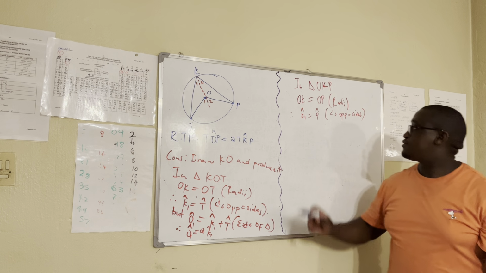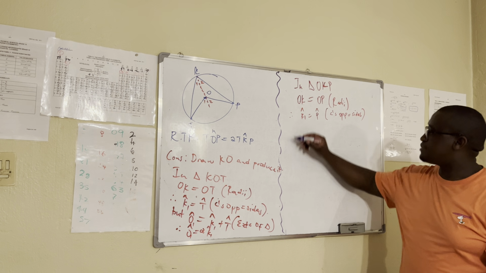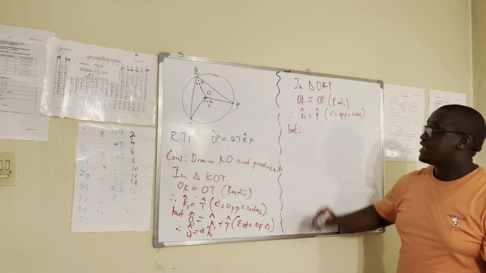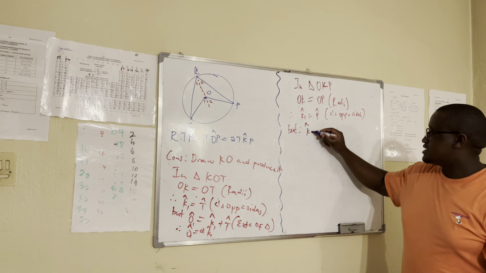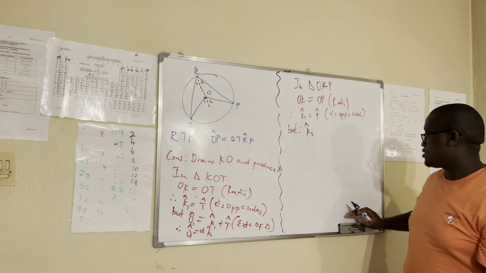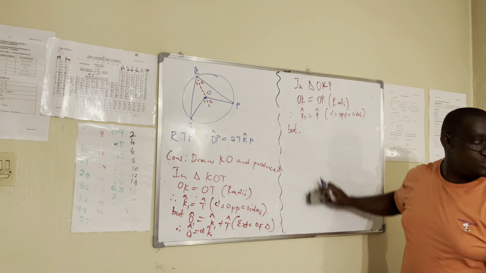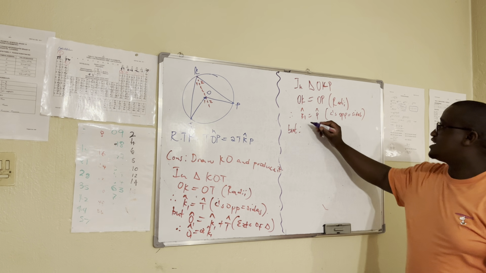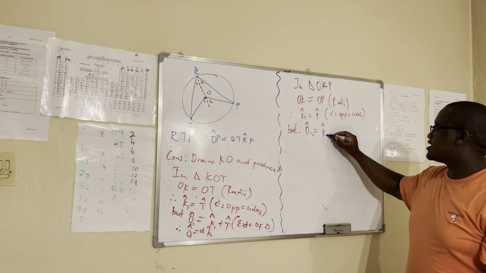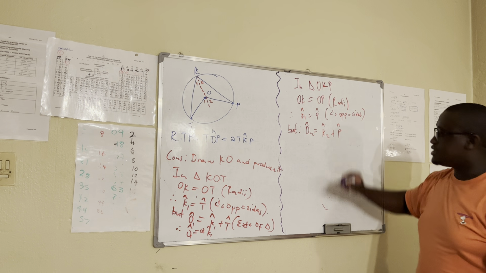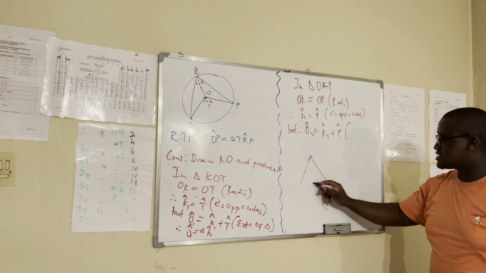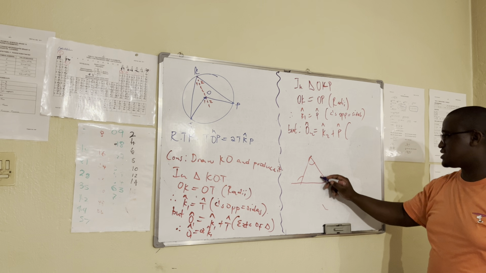Again, from there we can say angle O2 is equal to angle K2 plus angle P. This is the exterior angle of a triangle: this angle is equal to that angle plus that angle.